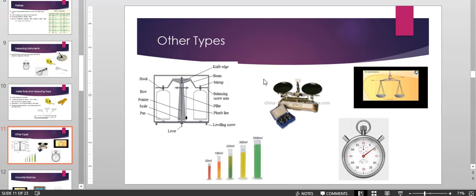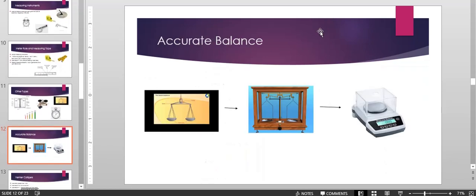If we compare these balances, then we can say that the physical balance is more accurate than this beam balance, and this electronic balance is better and more accurate than this physical balance.